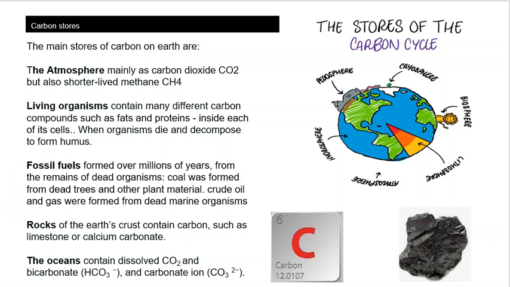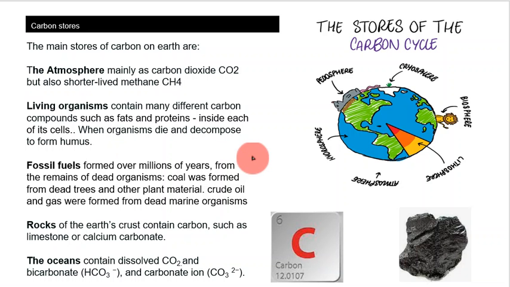So fossil fuels are formed over millions of years from the remains of dead organisms. Coal was formed from dead trees and other plant material. Crude oil and gas were formed from dead marine organisms.